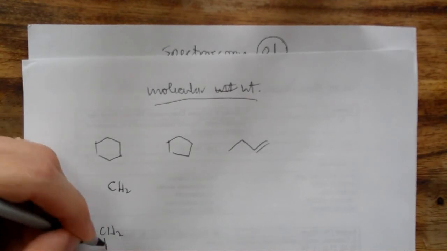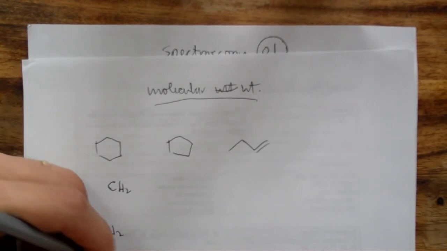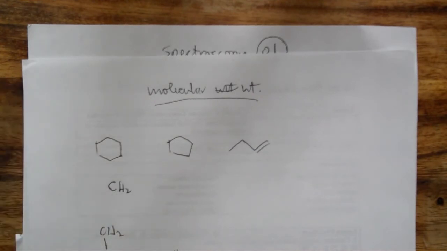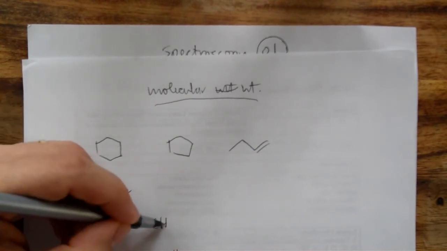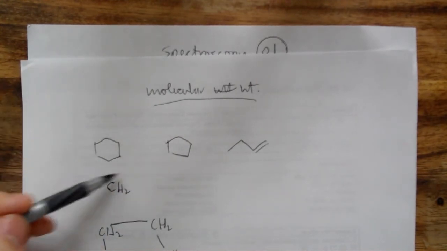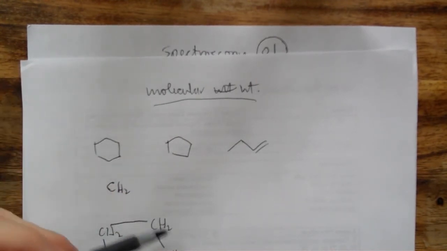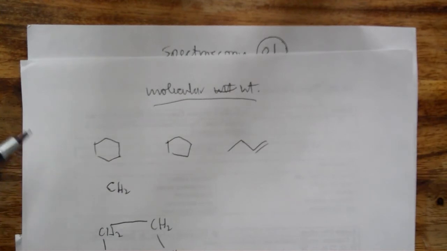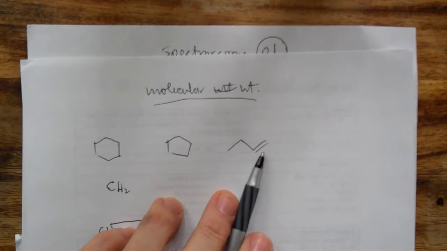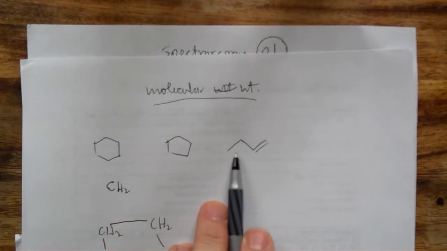And they have the same connectivity. It's a CH2 bonded to a CH2, bonded to a CH2, bonded to a CH2, agreed? And I guess in cyclopentane's case, it's bonded to a CH2, bonded to a CH2. Cyclohexane is just the same thing with another methylene carbon intercalated in there.